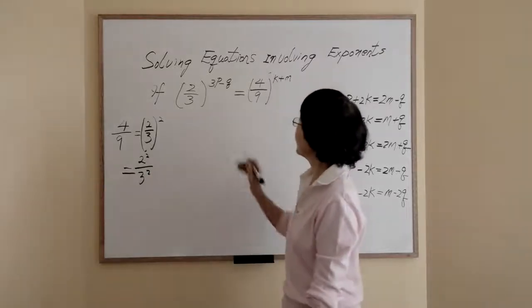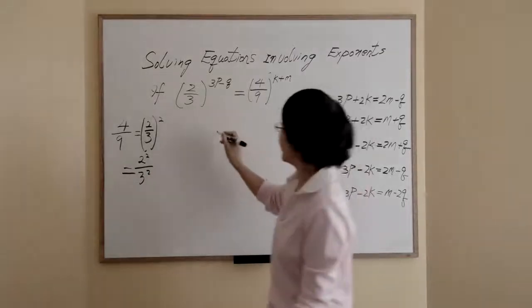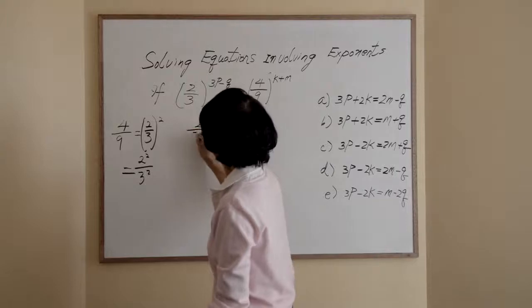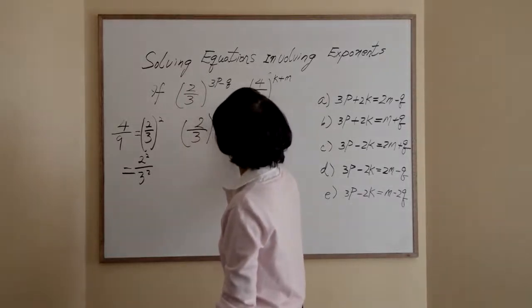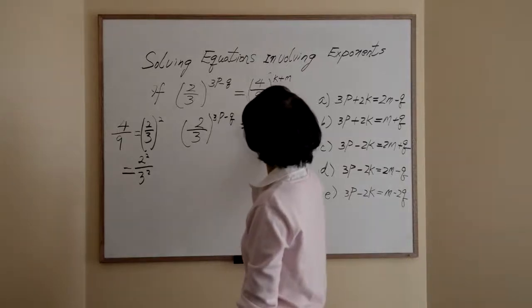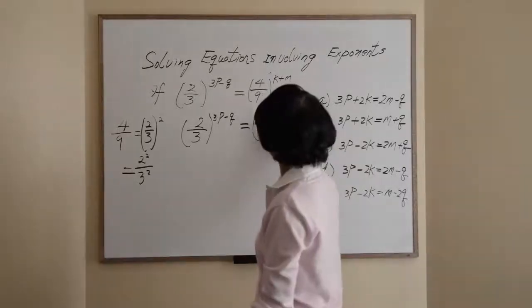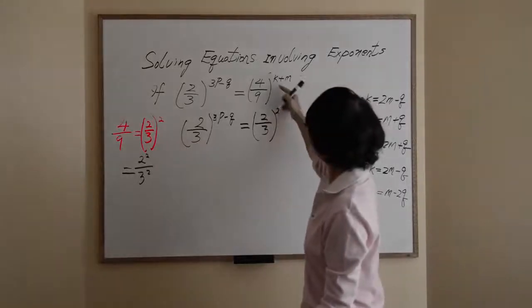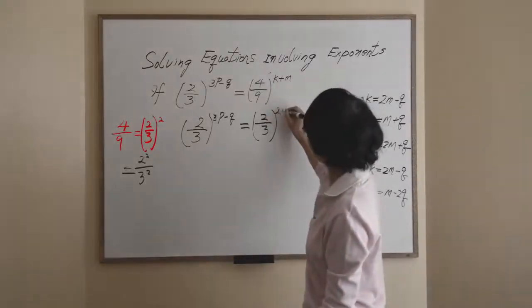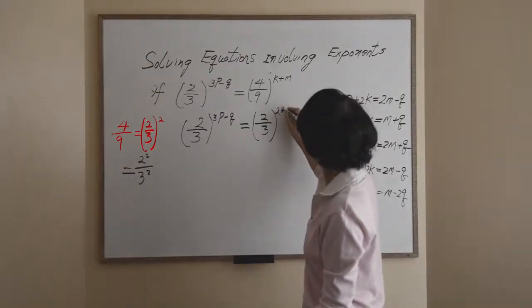Okay? Good. So I want to change them to the same base now. Right away, I write 2 over 3. Remember, it's to the power 2, and you have to multiply by that. Remember that. So it's a multiplication here of k plus m.